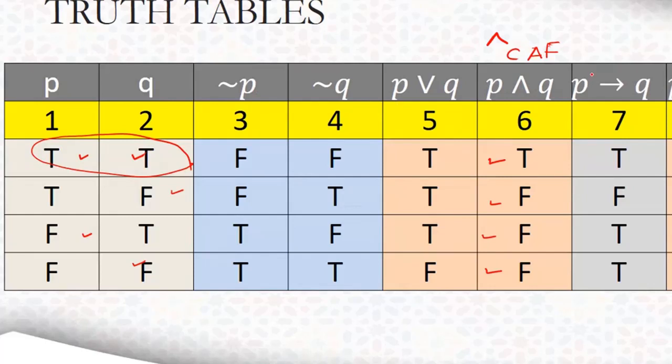Now let us come to the conditional operator. This is called conditional and this is called biconditional. This is the if operator and this is the if and only if operator. What is the difference? This will operate only one side. If this is true, then this will be true.